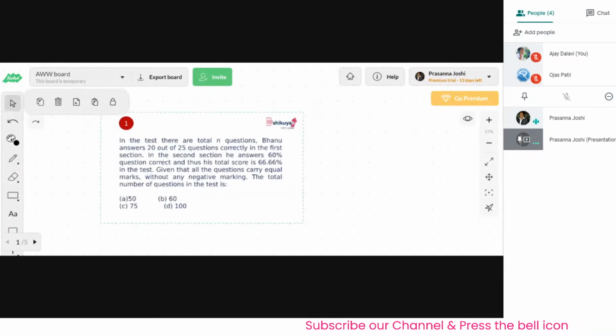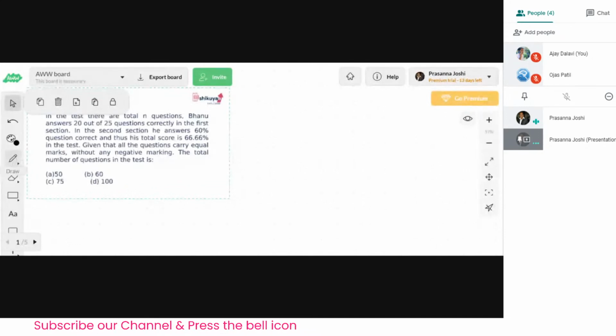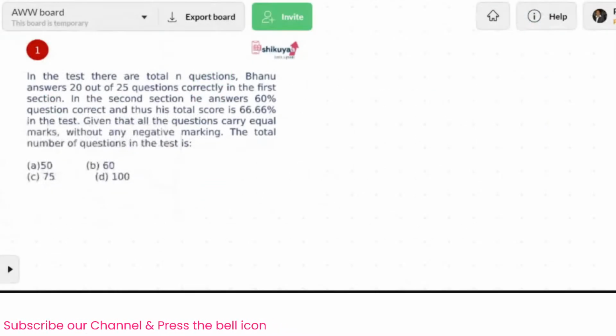So let's go ahead. Dear students, can I start the explanation of the first problem? Let's try to understand the first problem. See, this is really important for solving aptitude questions. It requires two very important things.